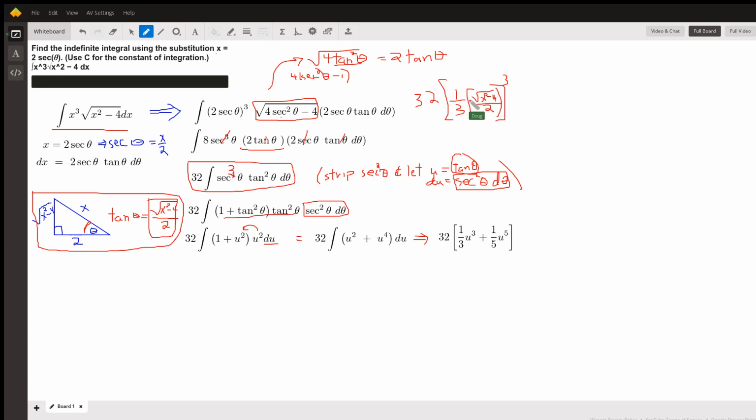I should have parentheses there. And plus we do the same thing over here. There are various ways to write that antiderivative, but don't forget your plus c at the end. Okay, hope that helped. If you have any questions, post a comment.